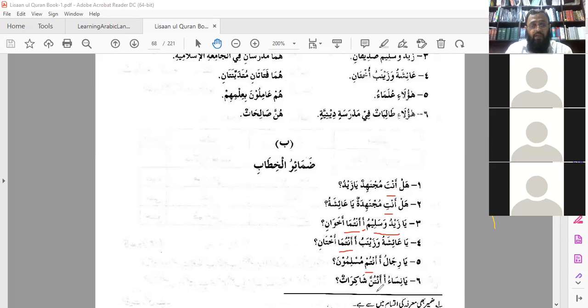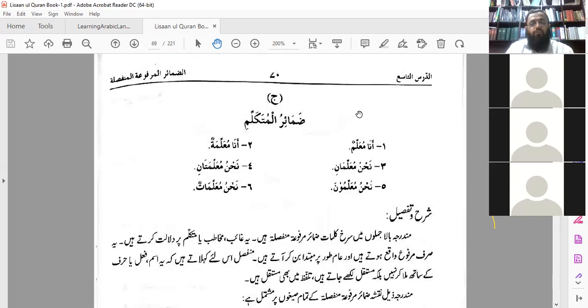Now you know that we have used 12 pronouns, and they are personal pronouns. Now this is Zamairul Mutakallim. Ana for wahid mutakallim, al-mufrad al-mutakallim: Ana muallimun, this is for muzakkar.